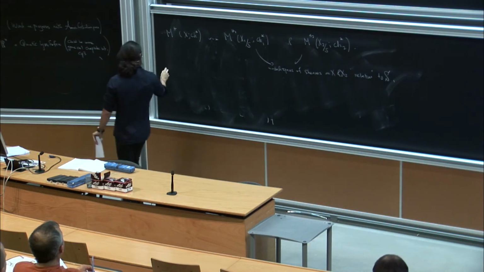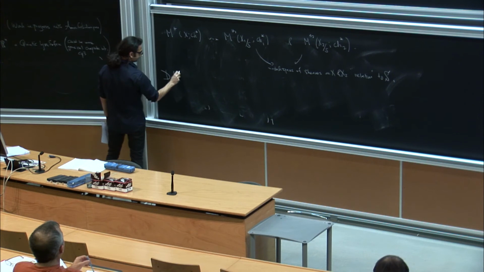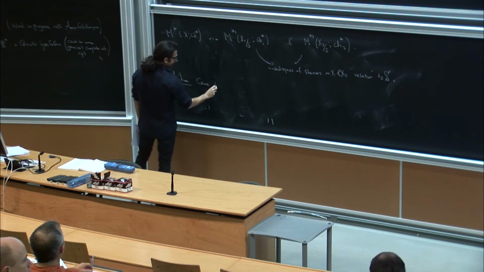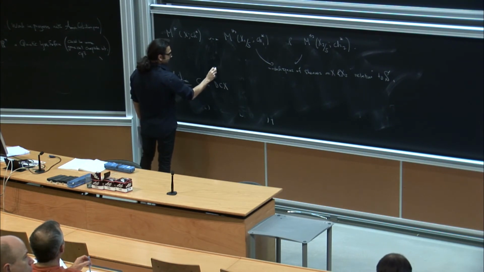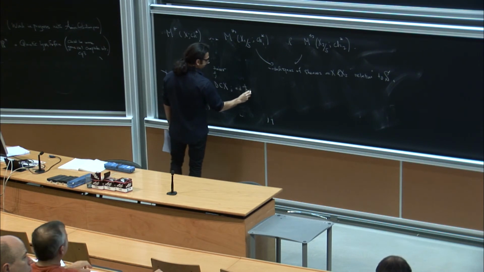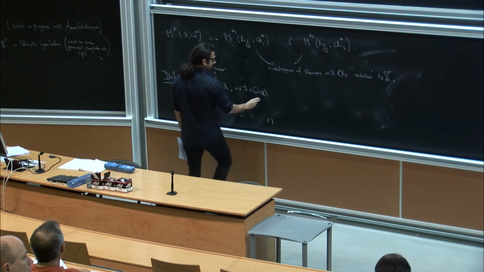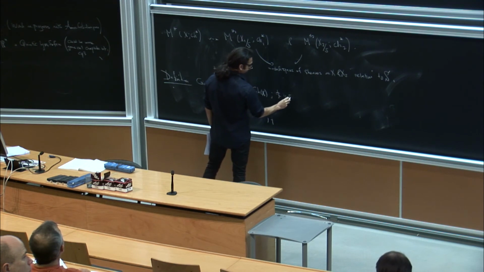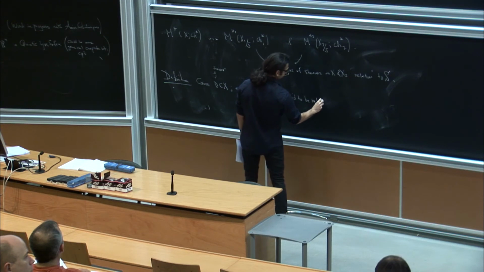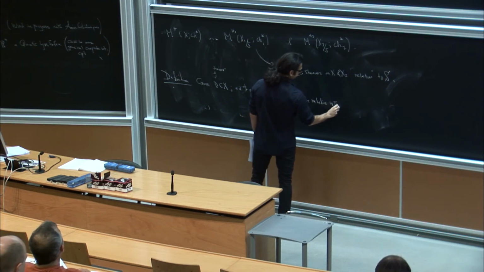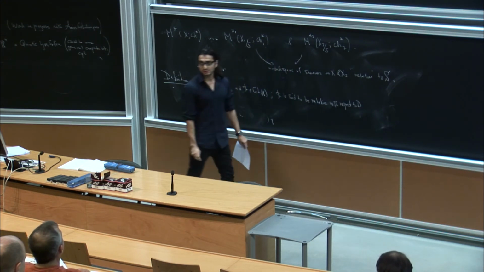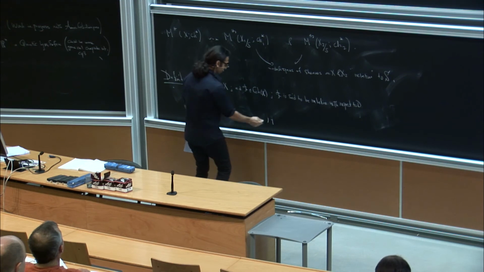Definition: given some divisor D in X and a coherent sheaf F on X, F is said to be relative with respect to this divisor D if two conditions are satisfied.